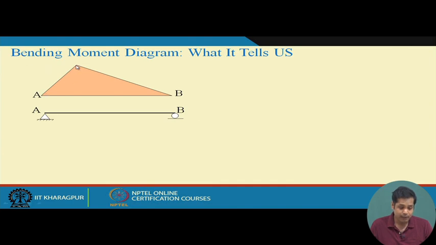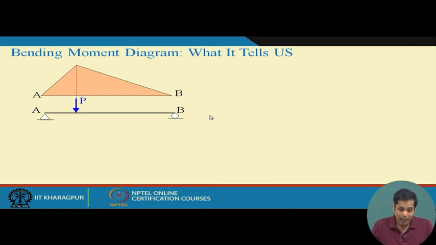So between these points there will be no external load, and then the bending moment decreases like this. Again we have some load here, and between these points there is no other load. Just by looking at this bending moment diagram, we can say this is the probable real structure.